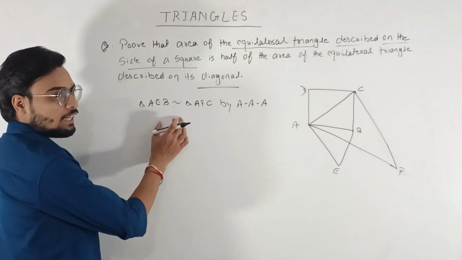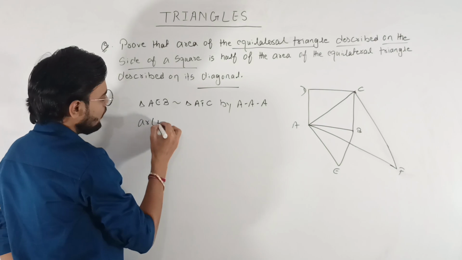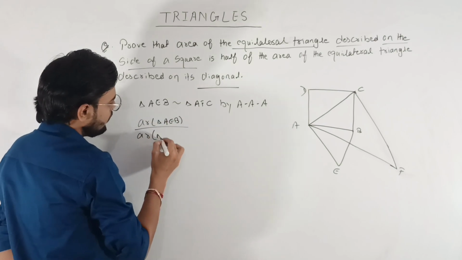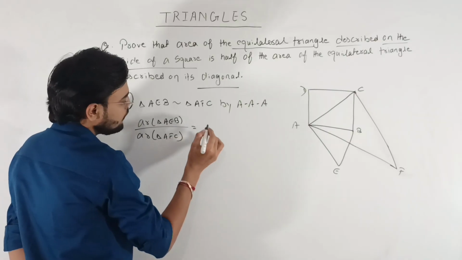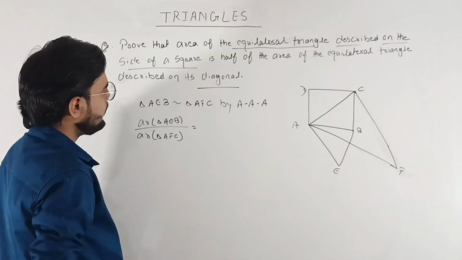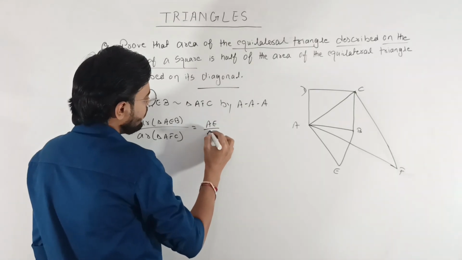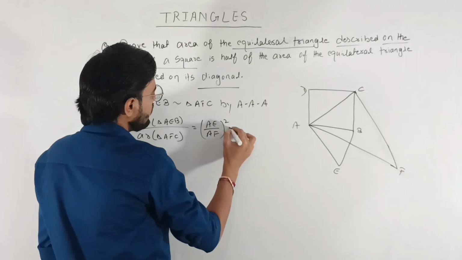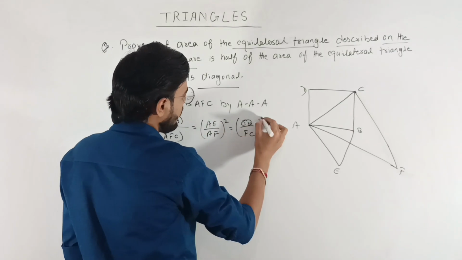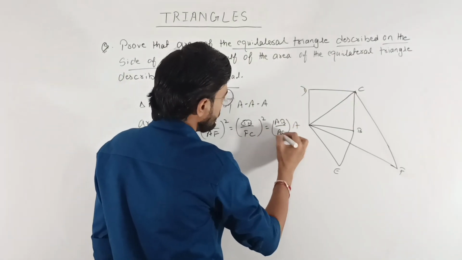Now if triangles are similar, then what happens to the area of the triangles? Area of triangle AEB upon area of triangle AFC is what? The square of the ratio of the proportional sides. So look here, AEB and AFC. AE upon AF whole square is equal to EB upon FC whole square is equal to AB upon AC whole square.